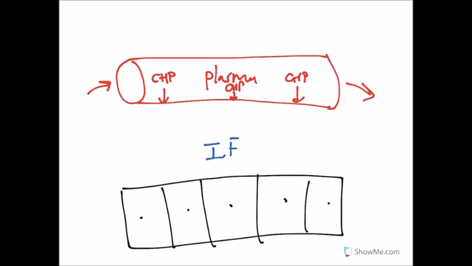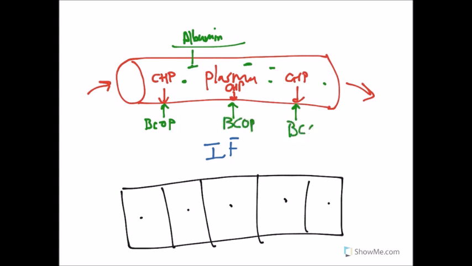And inside our plasma are little proteins, and the most important one is a protein called albumin. Albumin is the most important protein that generates blood colloidal osmotic pressure. It is by far the most important thing to create blood colloidal osmotic pressure.